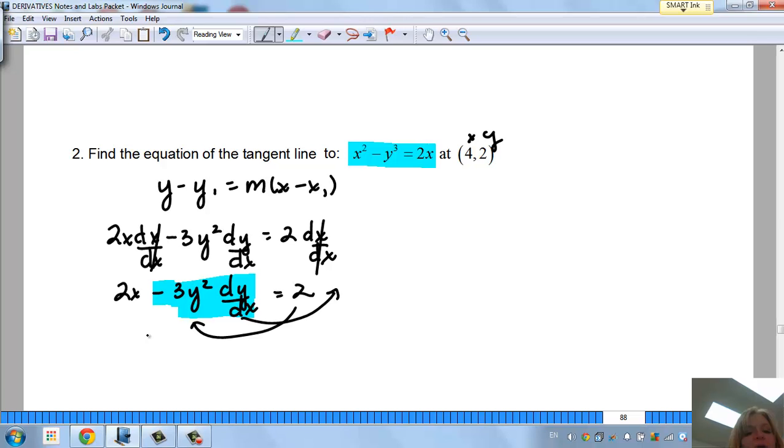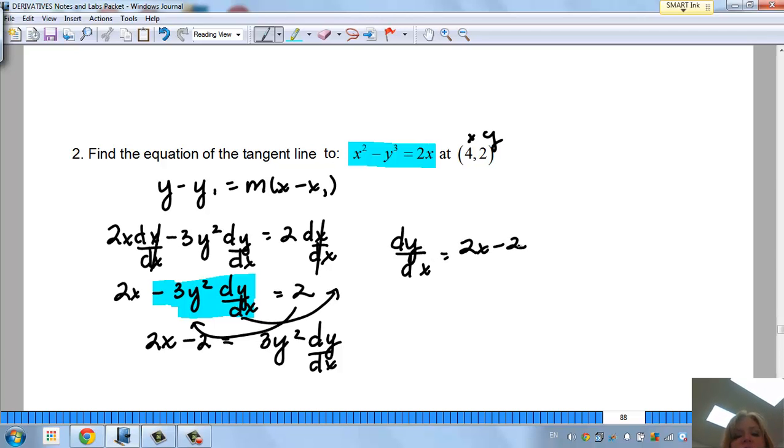So I end up with 2x minus 2 equals 3y squared dy/dx, and then we're just going to divide through by the 3y squared. So I have dy/dx equals 2x minus 2 all over 3y squared.